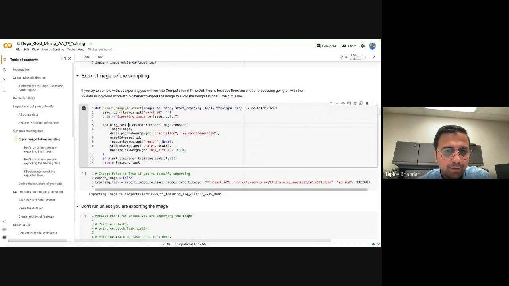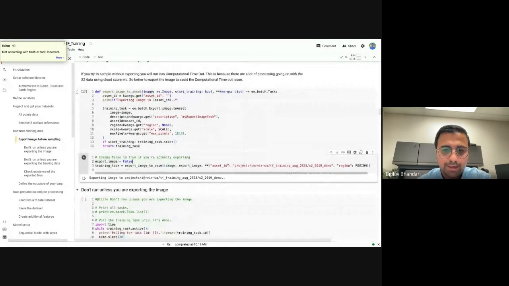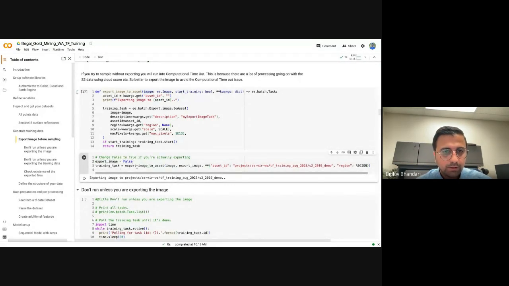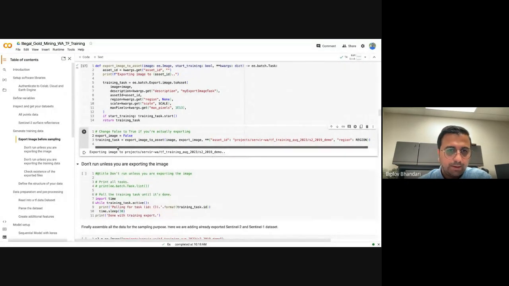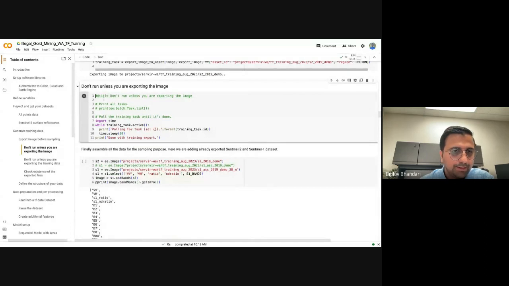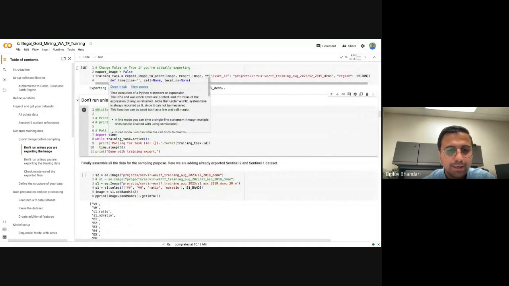To get around that, we're going to export that image. If you are actually exporting it, change that to true. For this purpose, I've already exported the image and you should have access to it. So I'm not going to export it again, but the assets should already be there. And if you had exported it, it would wait until that task is complete.